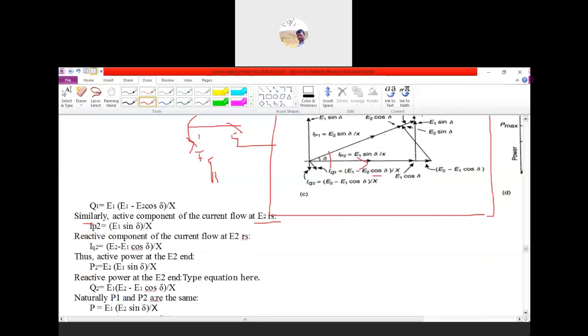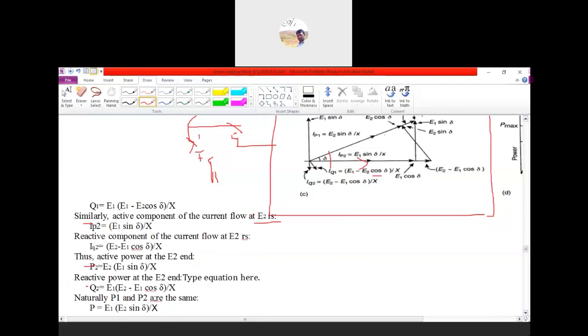Now coming to this representation, if you see this line in this phasor diagram, we can easily conclude the components.